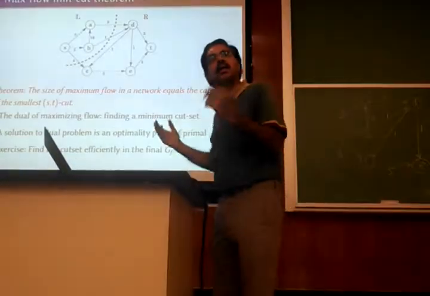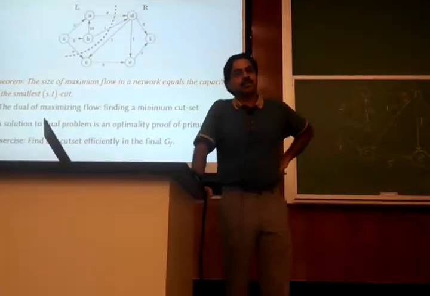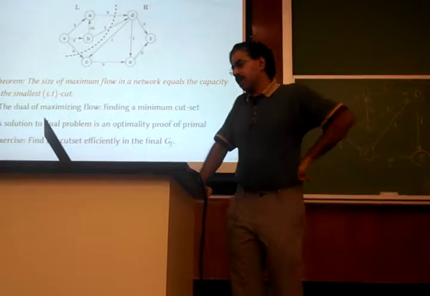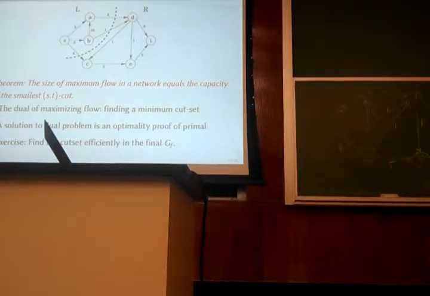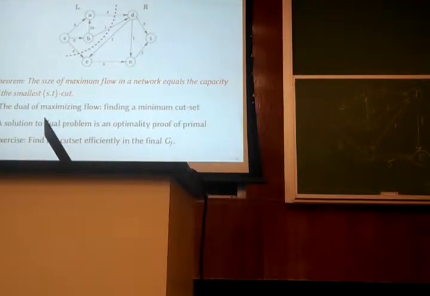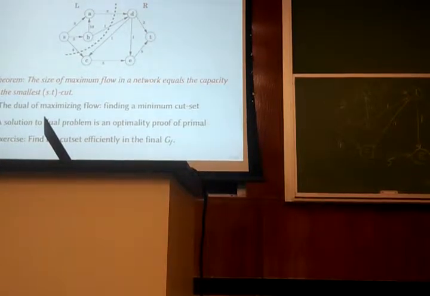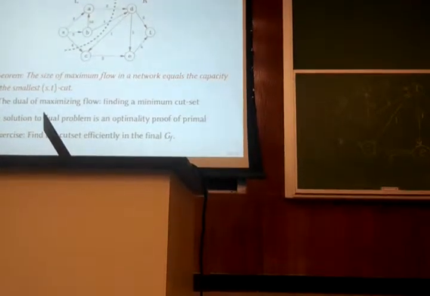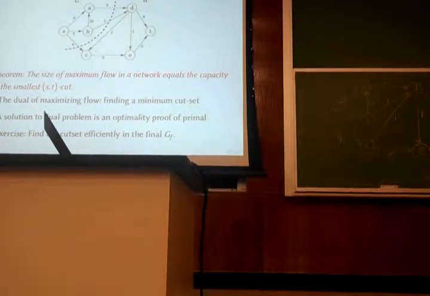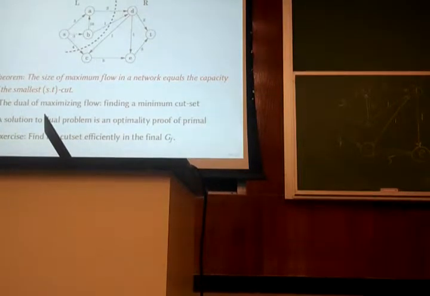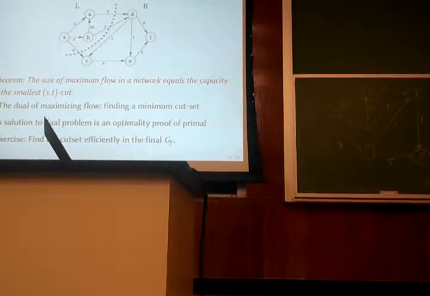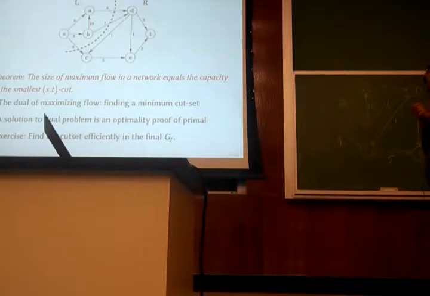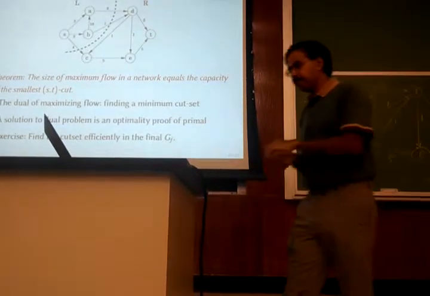Take a minute to think and try to answer that question. This is why I have the picture here, so you can relate it. You don't have this answer purely in terms of the residual graph. You can also look at the original graph and think of what is the property, how do I identify these cut sets?